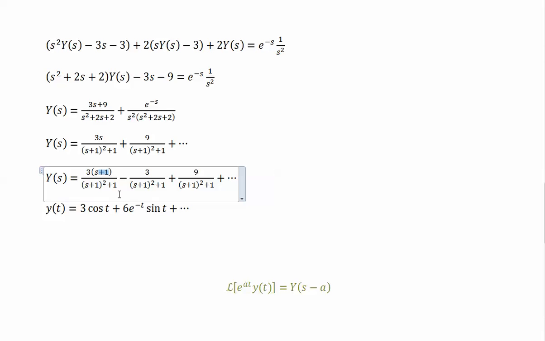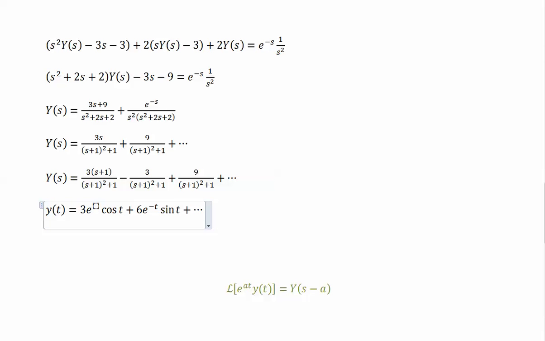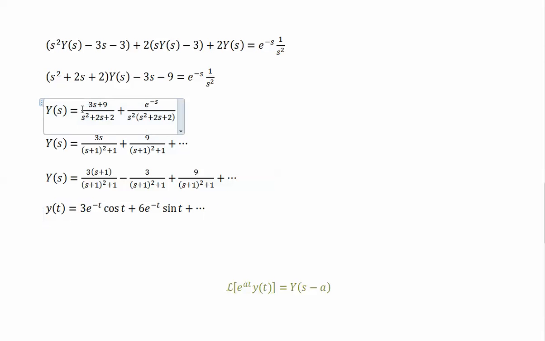But then the shift, just like on this other one, will introduce an e to the minus t. So going back to this line, this was broken down further, and there's its inverse Laplace transform.